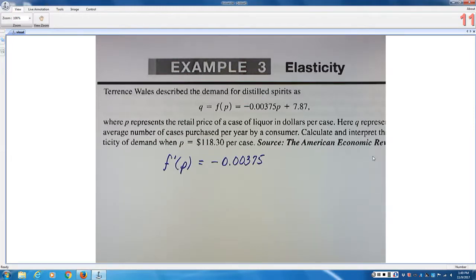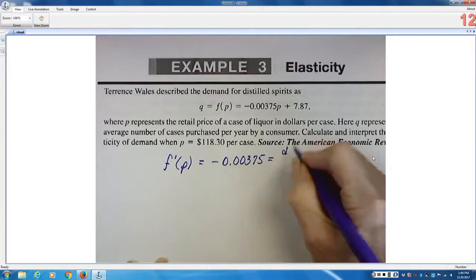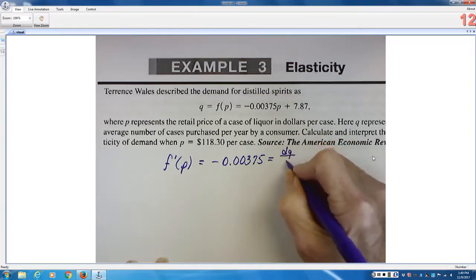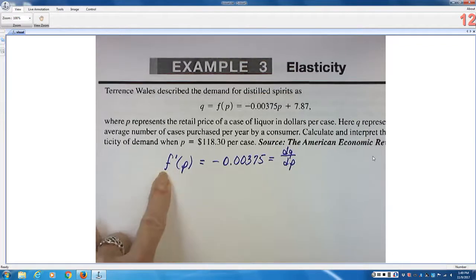So we've got the derivative. Now we need to calculate elasticity, because the derivative is part of elasticity. This is the differential notation for this.